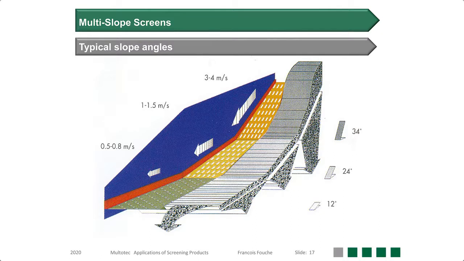You're likely to generate between 3 and 4 meters per second on a 34-degree top slope and between 1 and 2 meters per second on a 24-degree second slope. Remember, as far as screen media is concerned, slotted apertures are preferred for the top slopes.